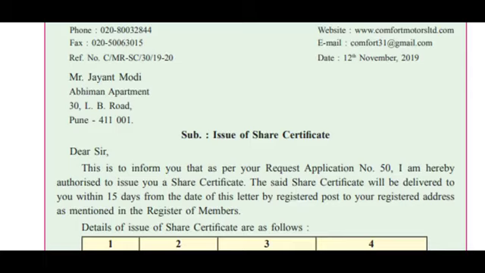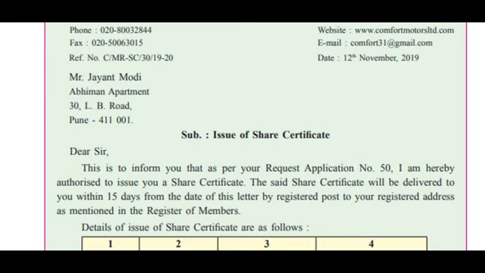The said share certificate will be delivered to you within 15 days from the date of this letter by registered post. We have just seen that you have to send this letter through a registered post. So now here secretary is mentioning this point properly.